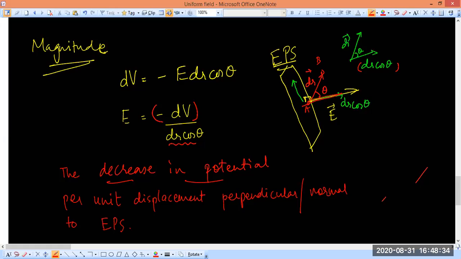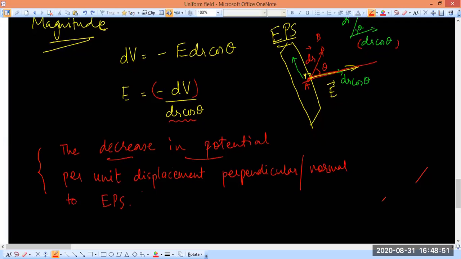Because this is the direction normal or perpendicular to equipotential surface, right? Okay. So this whole sentence is giving you this decrease in potential per unit displacement perpendicular to equipotential surface, and this is equal to magnitude of electric field. Say yes or no. Have you understood?